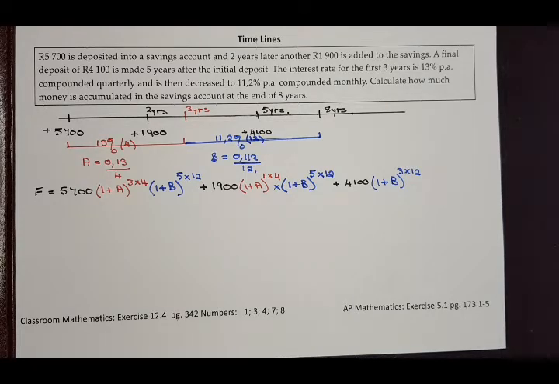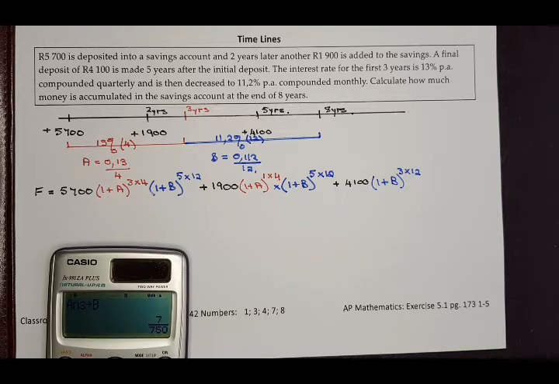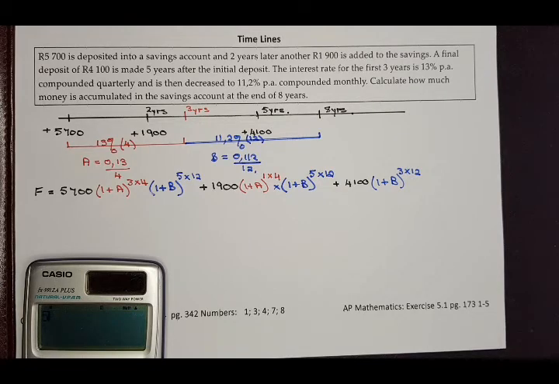And now we have to type all this into our calculator. We stored interest rate A and interest rate B. So we have 5,700, 1 plus interest rate alpha A, close bracket, raised to the power of 3 times 4, which is 12. Remember to move your cursor because now we're multiplying by 1 plus alpha B, close bracket, raised to the power of 5 times 12.